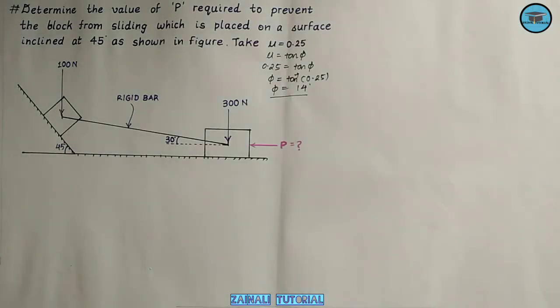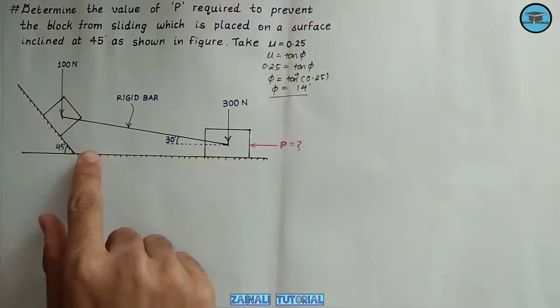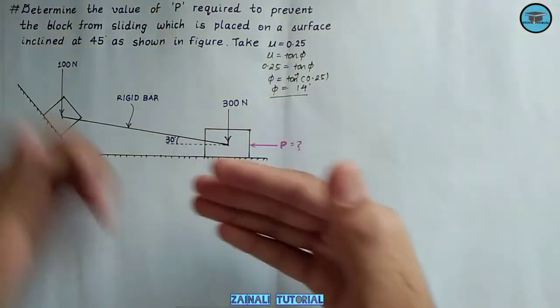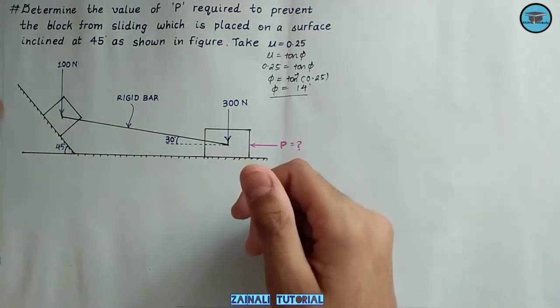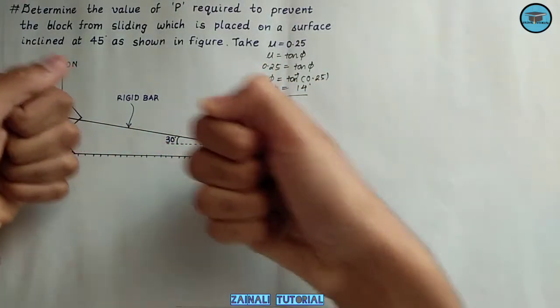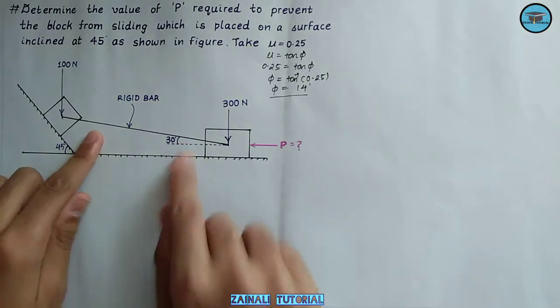Now one important thing to understand here is that we are assuming this block is sliding in the downward direction, and we need to apply this force to prevent this block from sliding. So if this block is sliding in the downward direction, we are applying the force in this direction. There will be a compressive force generated in the rigid bar.